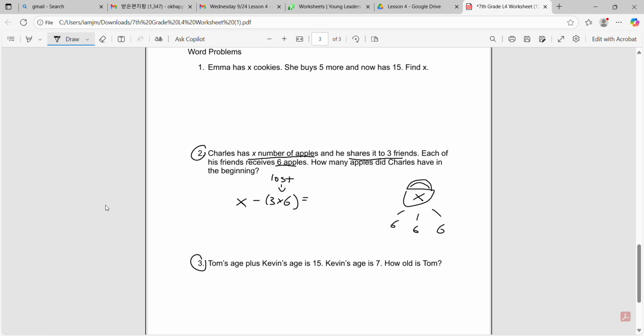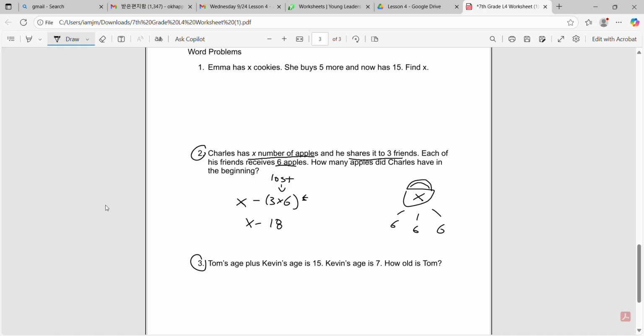He shared it with 3 friends, each receiving 6 apples. So we subtract that from the beginning amount of apples he had. Let's solve this expression. So x minus 3 times 6 is 18. To solve for x, we have to leave it alone.